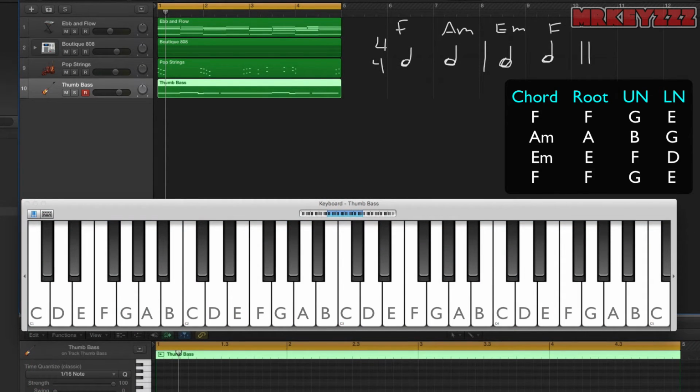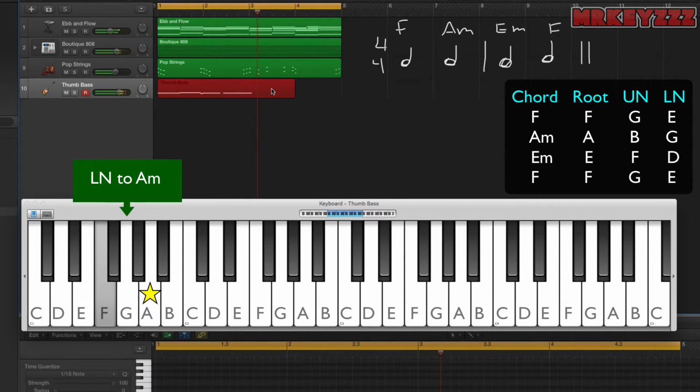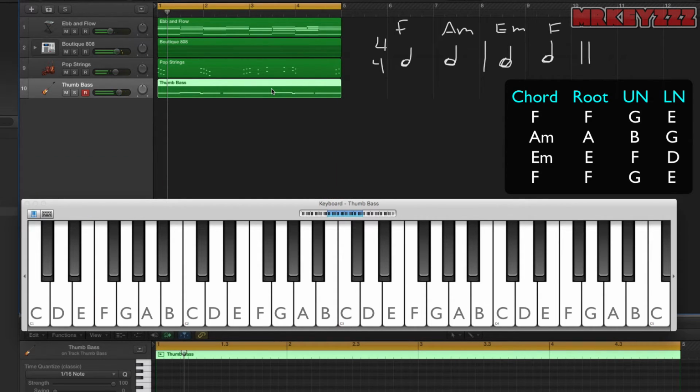Let's do lower neighbors again as 16th notes. All right, so that sounds pretty good.